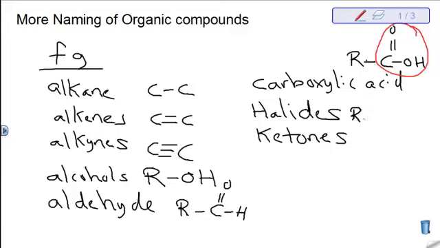Halides were carbon groups attached to, I'm writing X here, but the X, remember, stands for the halogens, either chlorine, bromine, fluorine, or iodine. Of course, we would change their name slightly, but that's what that X refers to. And last, we have the ketones, which were carbon groups attached to a carbonyl, which is this, on both sides. Remember, the prime indicates not necessarily the same carbon group in both locations. You guys remember that stuff?